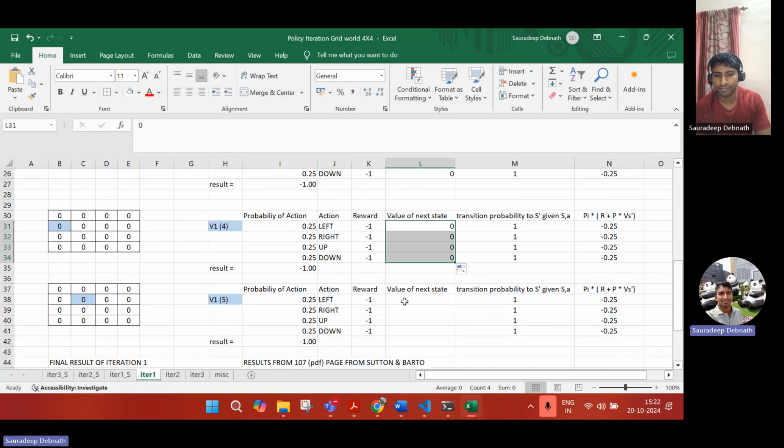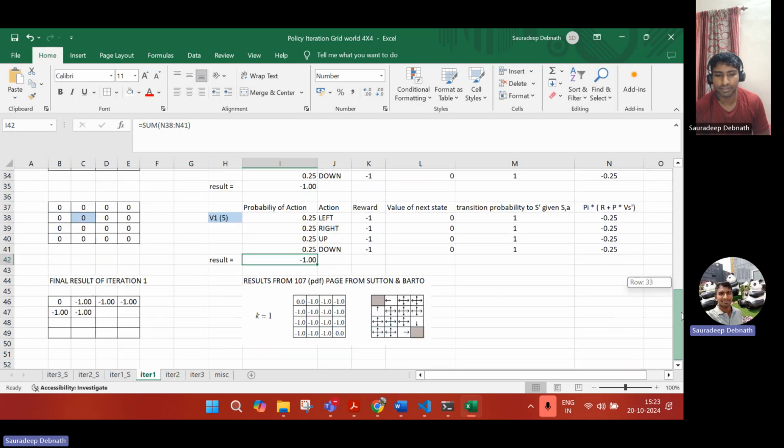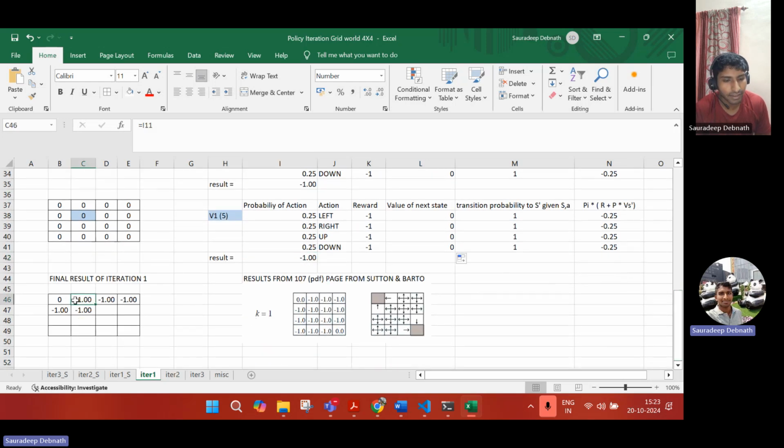Now finally the fifth state. Again, wherever we go, the value would still be 0. So this is again the sum of these terms, the probability into reward plus the probability into the next state value function. Now this is the matrix we are getting. We calculated for 5 cells and looks like it's a match.